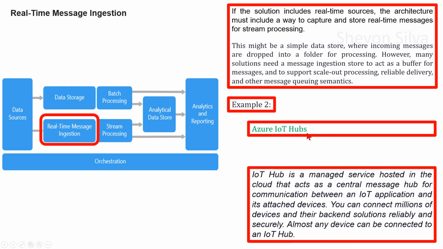Azure IoT Hub is a managed service hosted in the cloud that acts as a central message hub for communication between an IoT application and its attached devices. You can connect millions of devices and their back-end solutions reliably and securely. Almost any device can be connected to an IoT hub.